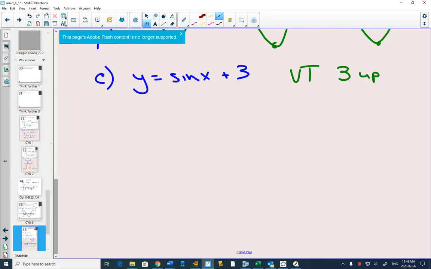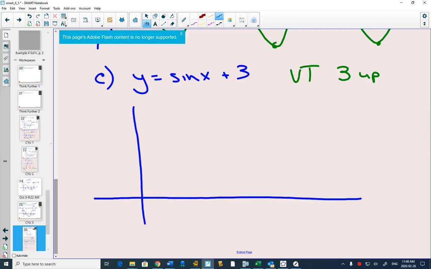So if my sinusoidal axis is normally at 0, and I shift things 3 units up, I'm now going to have my sinusoidal axis at 3. Normally the sinusoidal axis was at 0, and we've shifted up 3 units, so now it's at 3.